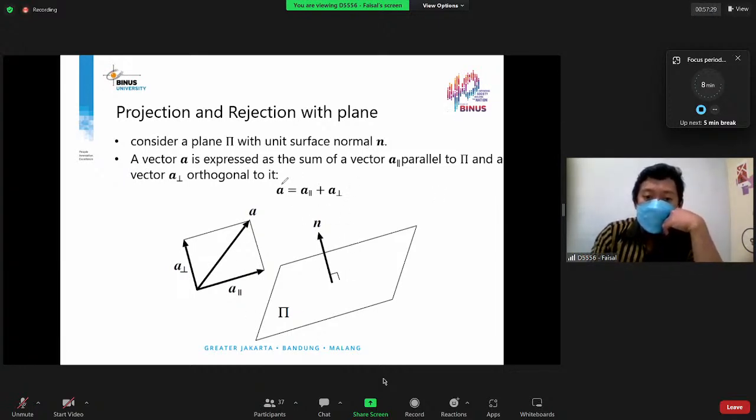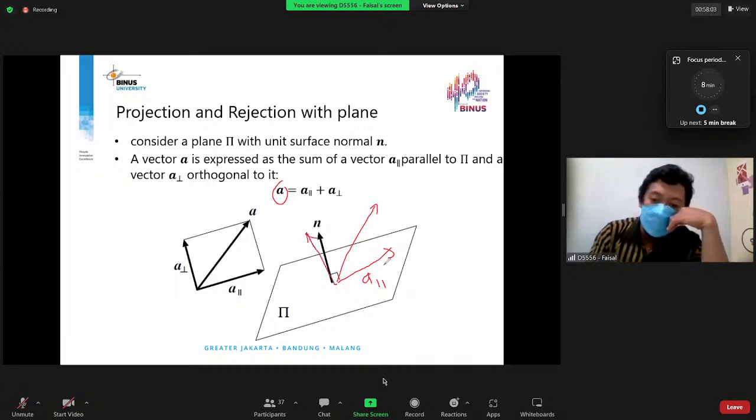If we have the vector A, we find the shadow of the vector A in the plane. So this is the vector A, and the projection is the shadow of the vector A in the plane. So this is the projection, and the rejection is orthogonal to the plane, or orthogonal to the projection.